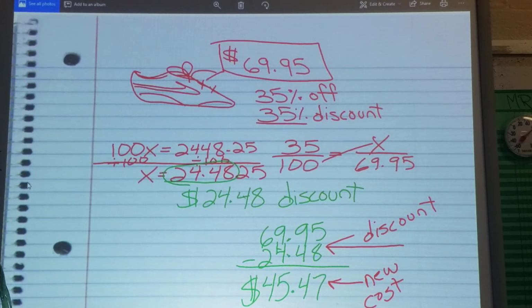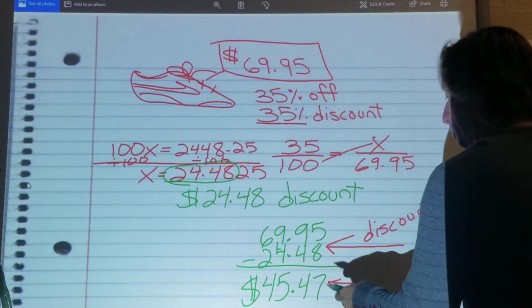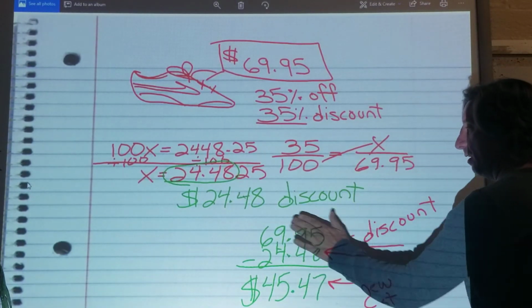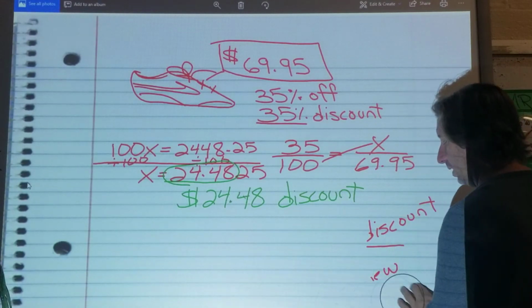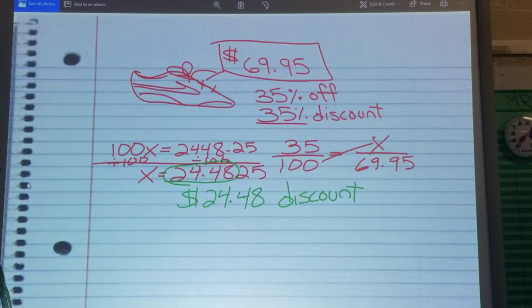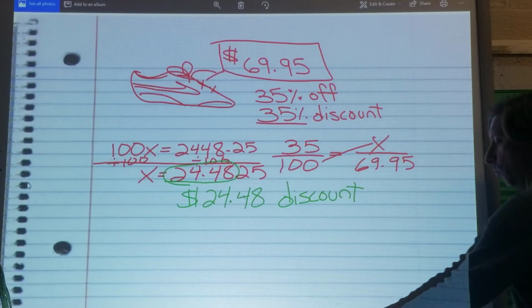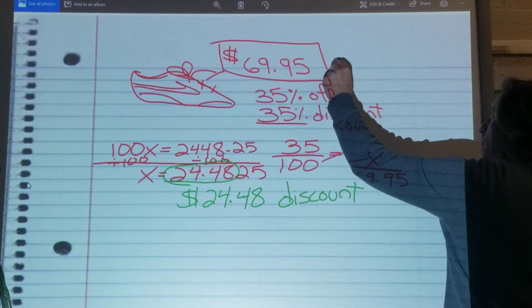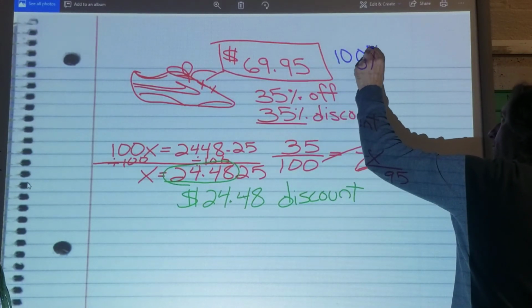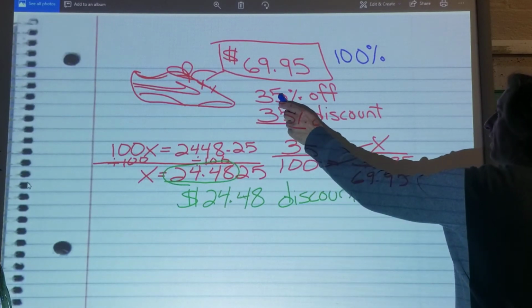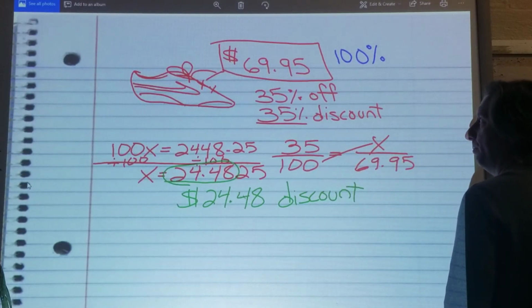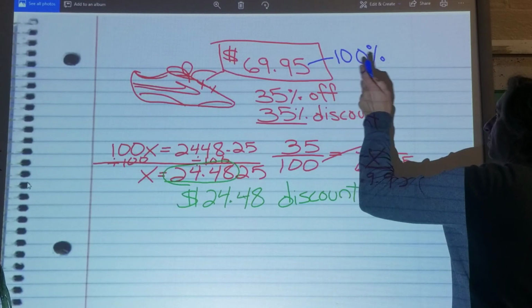All right, so I want to talk to you about there's another way to solve this problem. And I'm not going to go through it, but instead of finding the discount, if you just wanted to find the cost of the shoes, you could say, well, this is 100% of the cost. We're getting 35% off, right? So this goes with this.